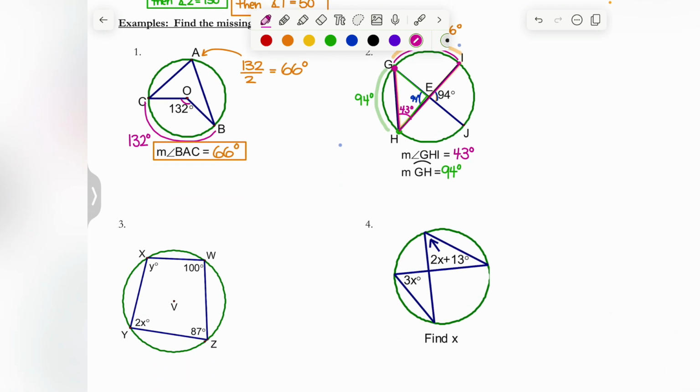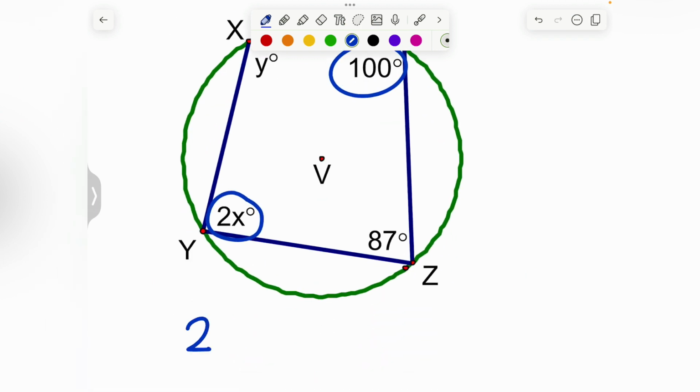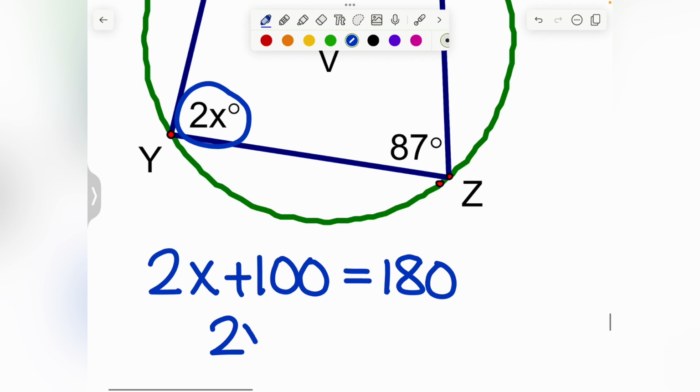Okay, number 3 uses our theorem that opposite angles here are going to be supplementary. So 2x plus 100, if I add those together, they have to add to 180. So x is going to be 40.